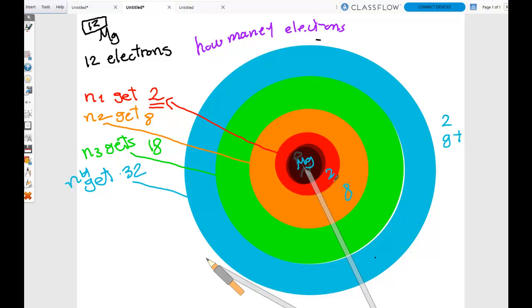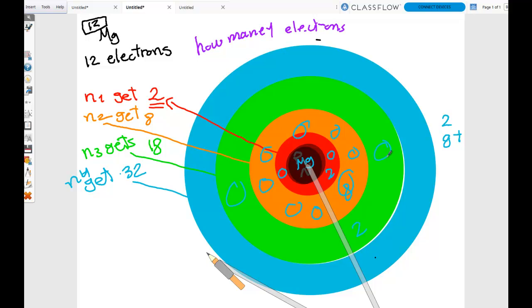How many is left of the 12? Only 2. So only 2 will be in the third shell. So it will be like 2 electrons here, 8 electrons here, and then 2 electrons here.